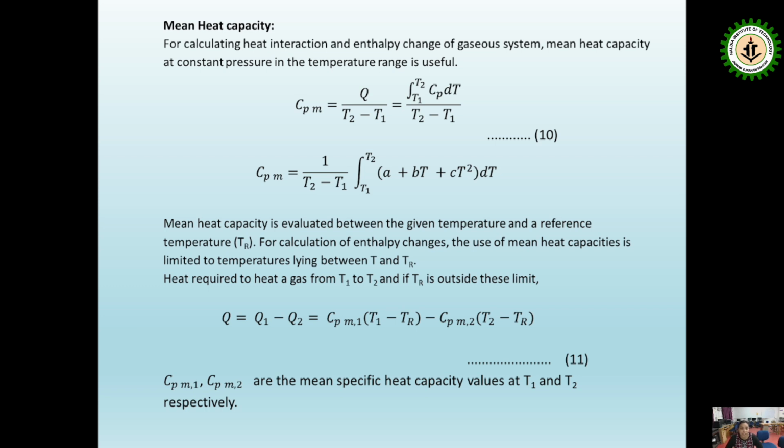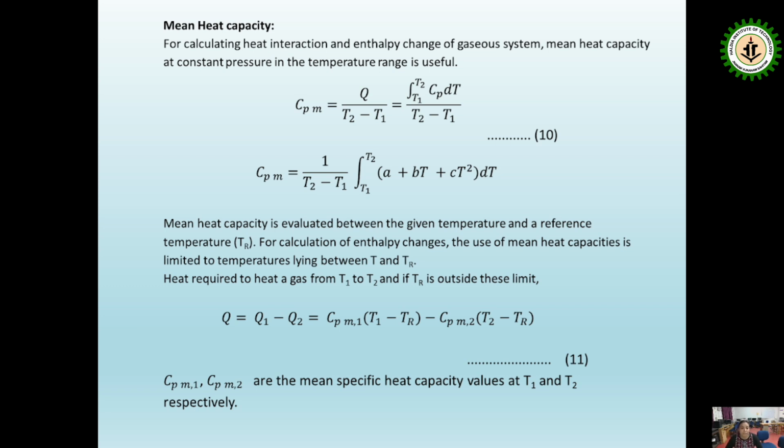outside this limit, then heat required to heat the gas will be equal to Q1 minus Q2. That means the individual heat required with respect to reference temperature, given temperature and reference temperature. We have to subtract this individual heat required.